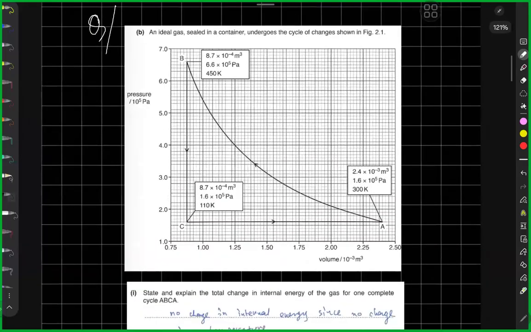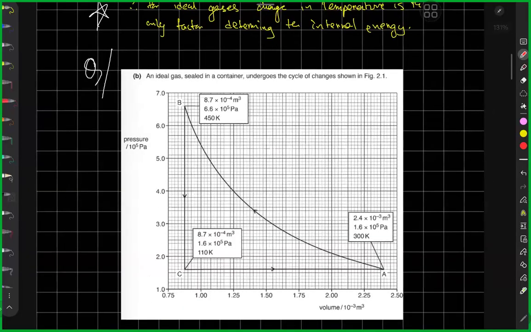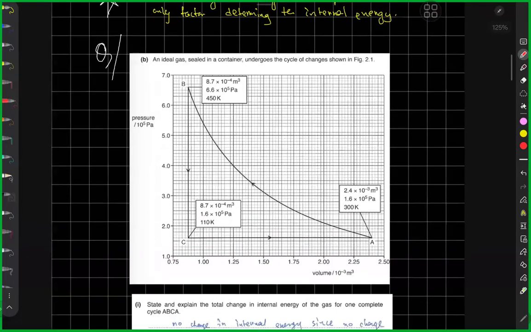I'll actually show you two questions, I guess. If a system of gas goes from state A, where it has a certain volume, pressure, and temperature, to state B, the volume has decreased, pressure has increased, and temperature has increased.